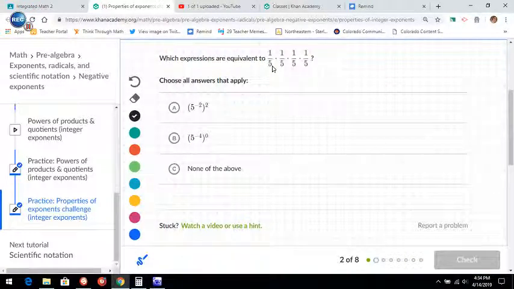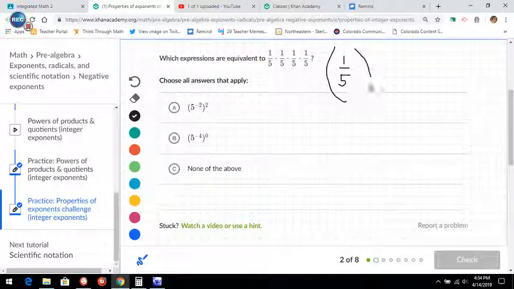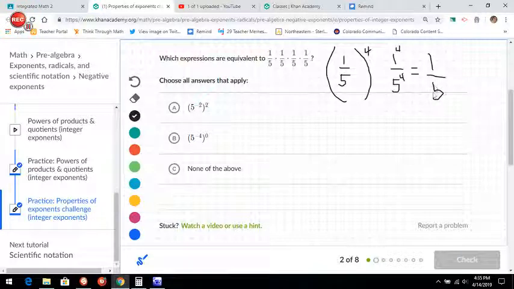Which expressions are equivalent to 1/5? This is 1/5 raised to the 4th power, which would be 1 to the 4th over 5 to the 4th, and 1 raised to any power is just 1, so this is really just 1 over 5 to the 4th, which is 5 to the negative 4.